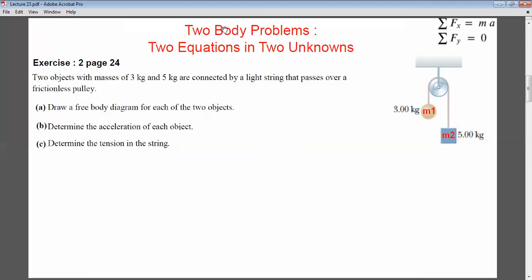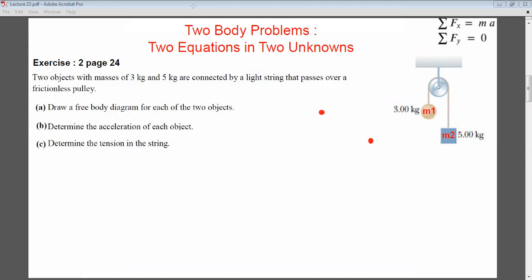So let's do it. This is object 1. This is object 2. They are connected by a light string. Actually, there is no need to draw the light string. Let's just put the forces on each of them.